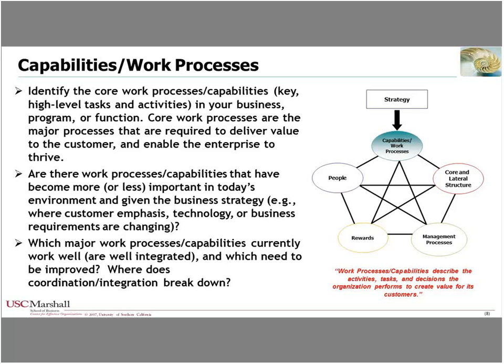Capabilities is just, if you take a look at how all of those work processes get pulled together, they begin to talk about what your organization can do. If you're one of the big champagne makers, you can make champagne.